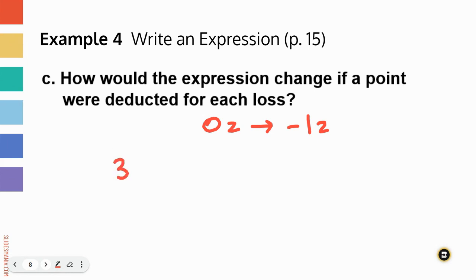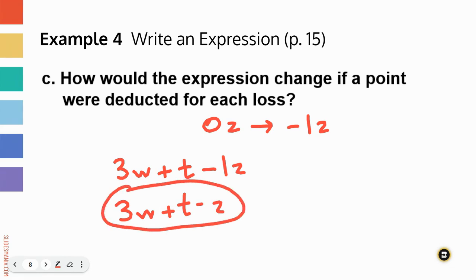So we would have 3, we still get 3 points for a win, plus 1 point for a tie, so plus T. And now instead of having nothing on the end, we would have to subtract 1Z, or 3W plus T minus Z. So this would be the most simplified way to write it.